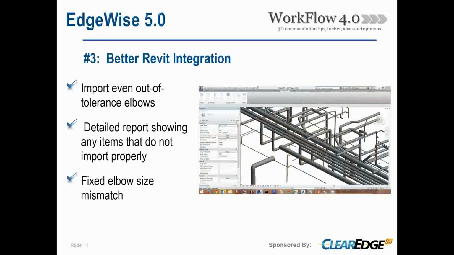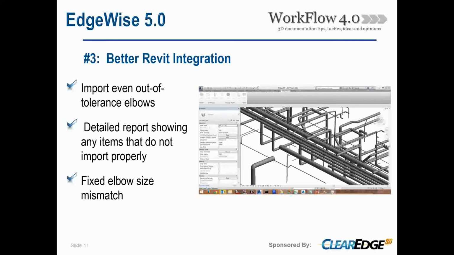We have improved our Revit integration substantially, even out of tolerance elbows. This functionality has been around for a couple of months in beta format, and it's going to be incorporated into 5.0. But this new functionality works really quite well, and we bring nearly 100% of elements across to Revit.